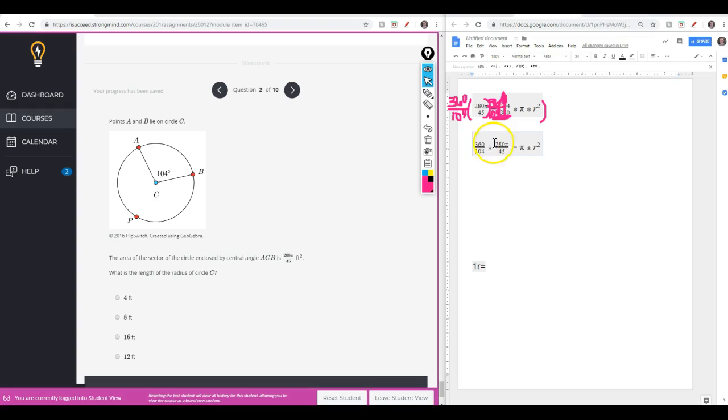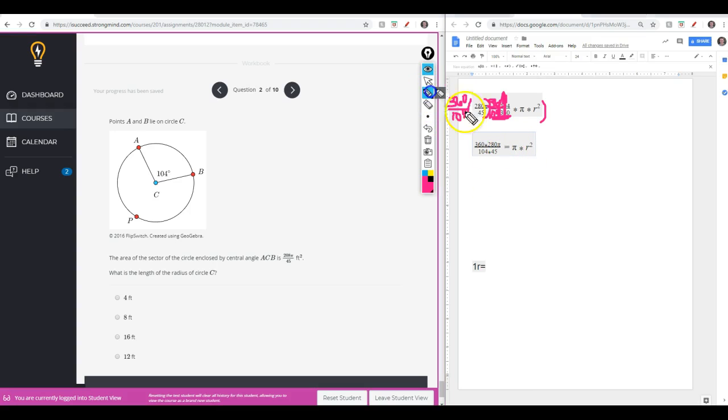On this side we can combine numerators and denominators, so it'd just be 360 times 208 pi. The reason we can do that is because when we multiply fractions, we multiply the numerators across and the denominators across. So I'm just writing this all together in one fraction, which is completely fine.